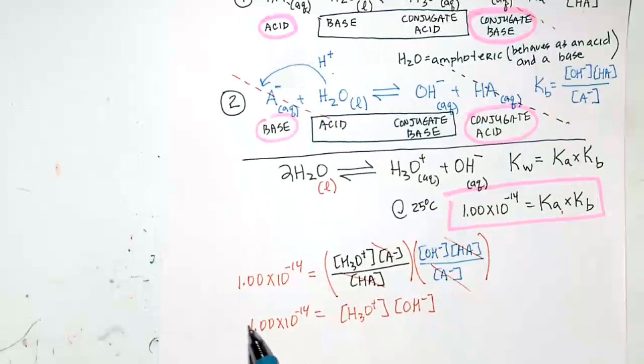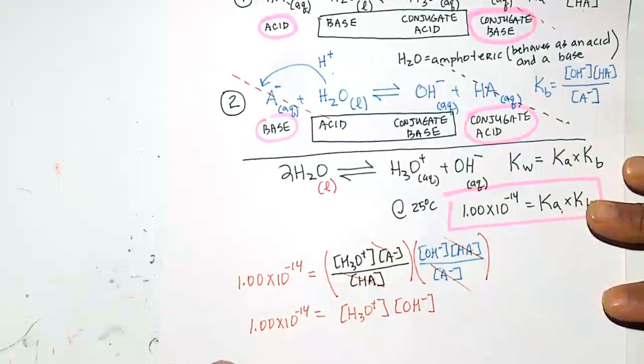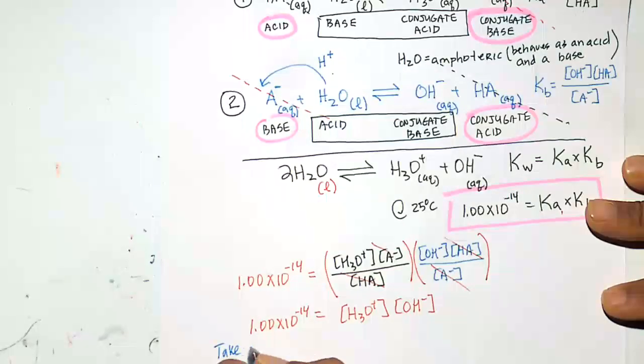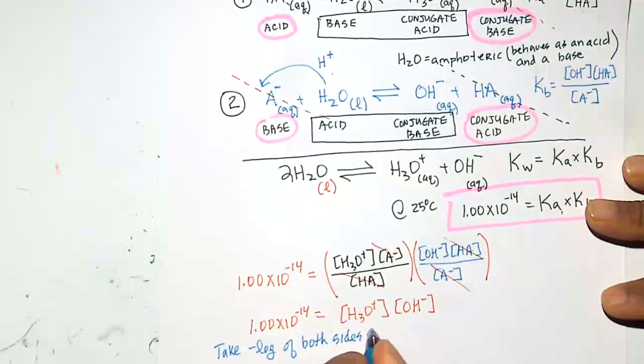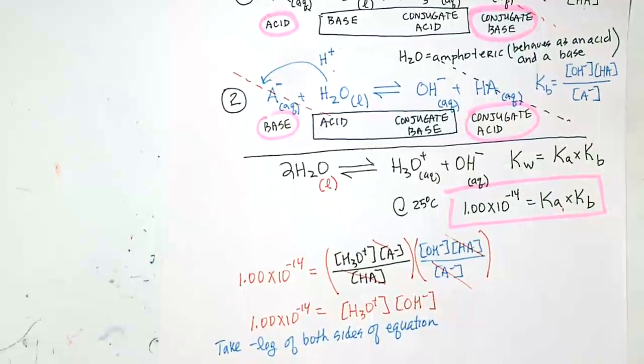I'm going to do something to this equation. I'm going to take the minus log, a negative log, of both sides. Not just the log, but the minus log of both sides of the equation.